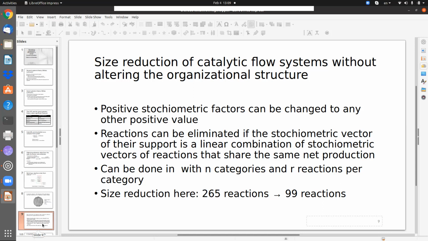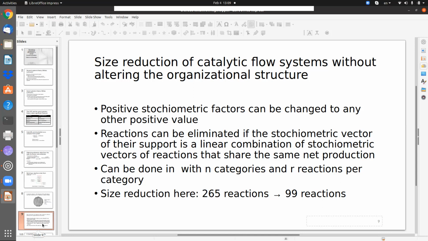I will not go into the details about the math. If you want to know, I will explain later. But in this case, I was able to reduce 265 reactions to 99 reactions, without altering the organizational structure at all.